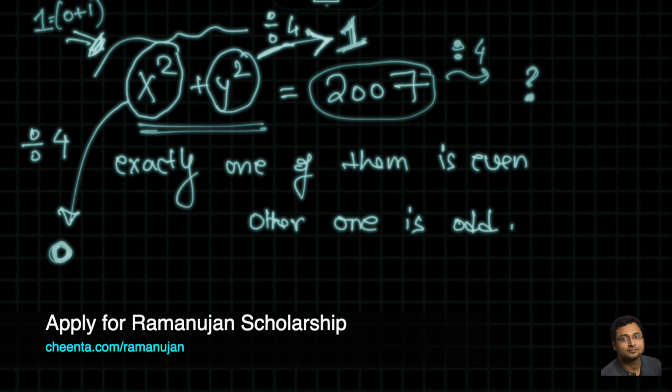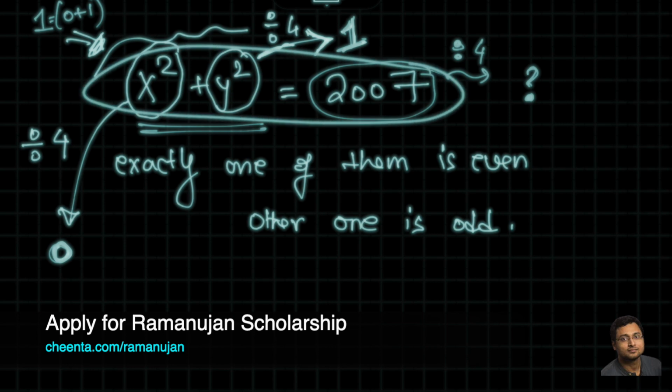Remember, if the remainders do not match on the left hand side and the right hand side, then we can say that there is no solution. So can you write the last line of the solution in the comment? Tell me how many solutions are there of this particular equation.